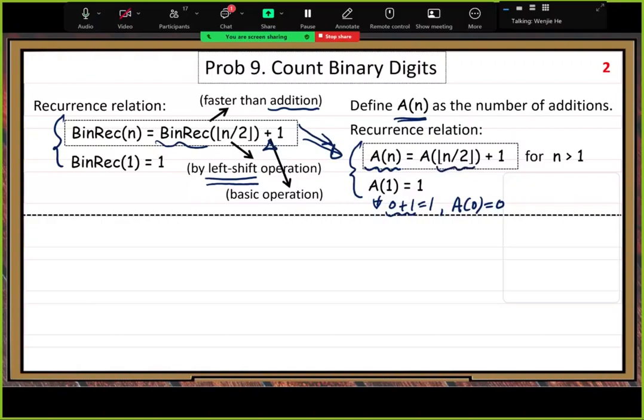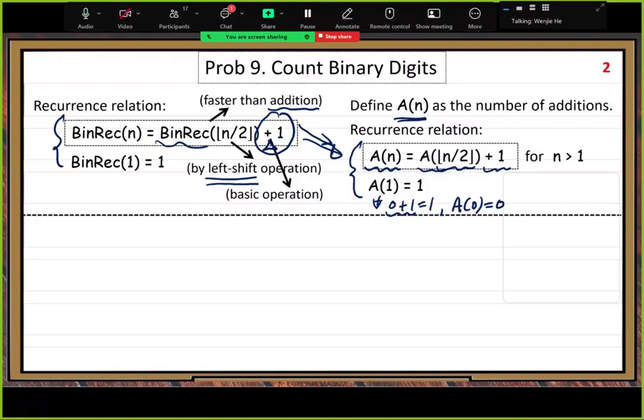Based on the definition of A, the number of additions should be capital A of that number. Then you need to add one more addition, plus 1. So you get the recurrence relation.